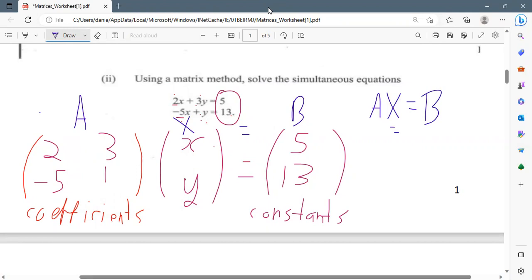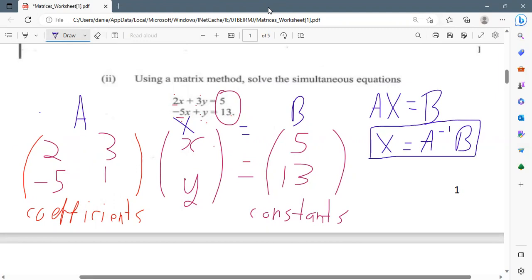You'll get X is equal to A inverse times B. That's really the equation you can boil down to, to solve for X.